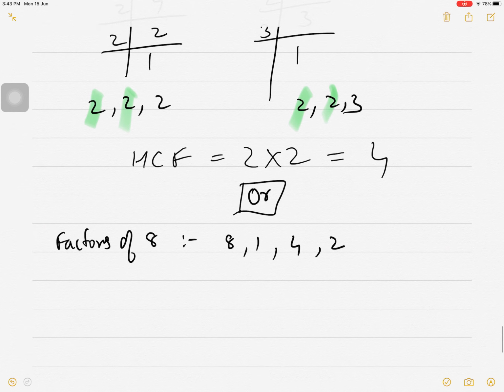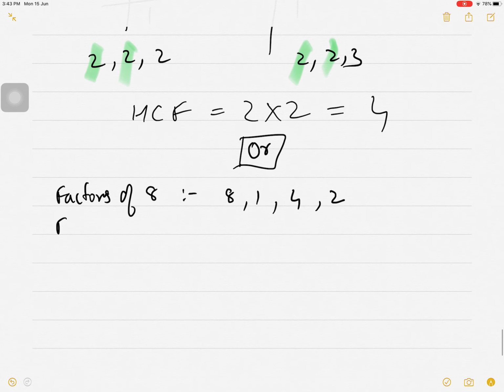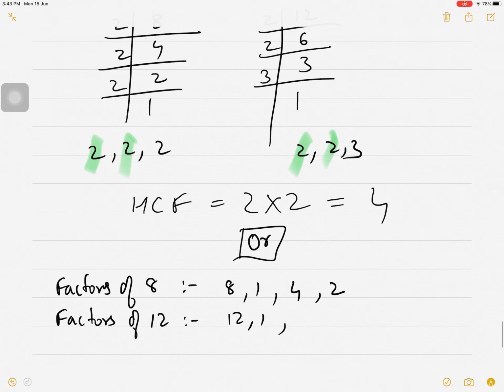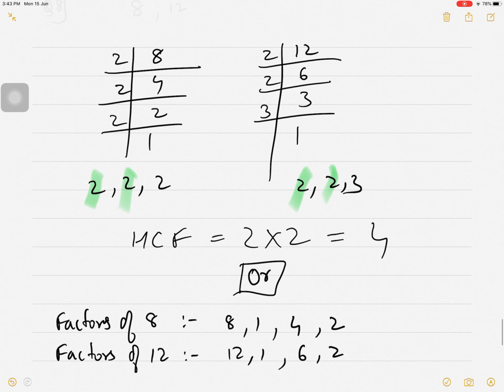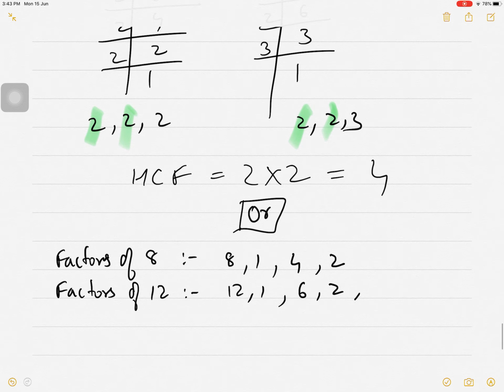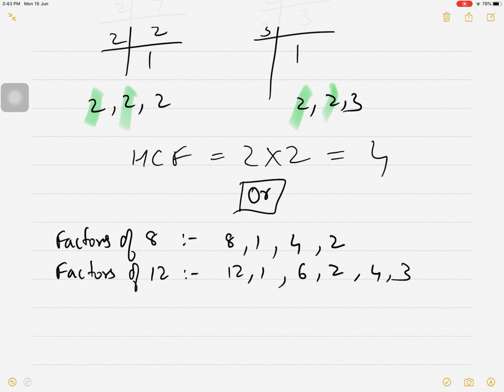Right? Let's see what are the factors of 12. Factors of 12: 12 and 1 for sure. Right? Then 6 twos are 12, so 6 and 2 are also factors of 12. Then 4 threes are also 12, so 4 and 3. So the factors of 12 are 12, 1, 6, 2, 4 and 3. Factors of 8 are 8, 1, 4 and 2. Correct? So let's see what are the common factors.